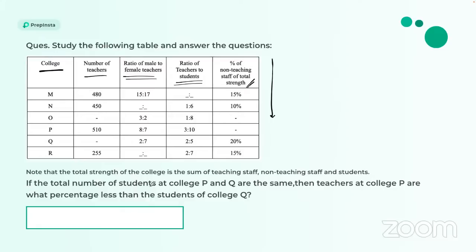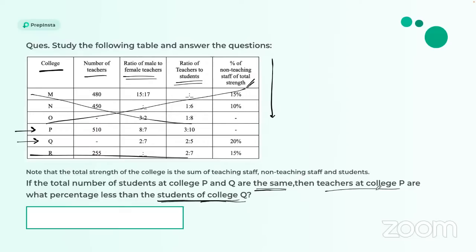If the total number of students in colleges P and Q are the same, you need to focus on P and Q colleges. You don't have to look into the other data. It's a waste of time, right? So P and Q are highlighted. Next, teachers at college P are what percentage less than the students in college Q. So you need to know the students in Q and the teachers in P. Just look here.